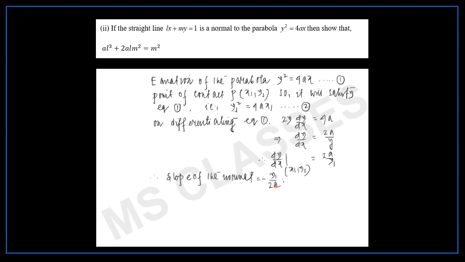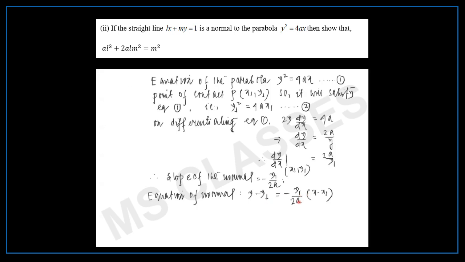Now we can find the equation of normal. So equation of normal is y minus y1 equal to slope into x minus x1. We know y minus y1 equal to m into x minus x1, so we have just substituted the value.